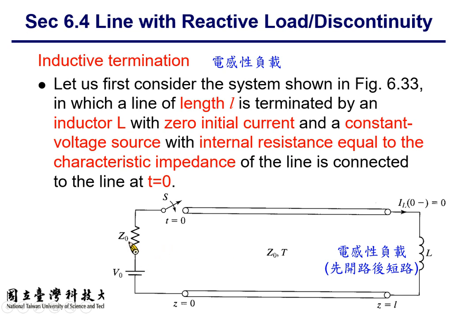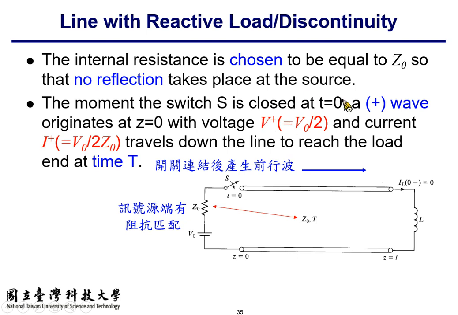Using the voltage division law, that should be half of V sub 0, because the inner resistance of the generator is Z sub 0 and the characteristic impedance of the transmission line is Z sub 0 as well. So the initial signal will be half of V sub 0.